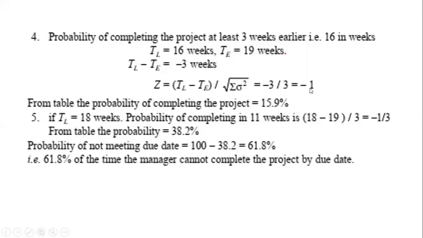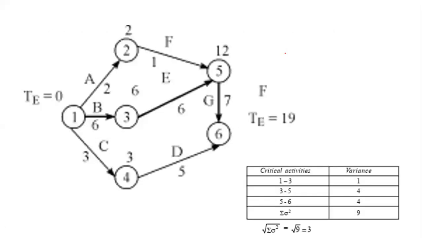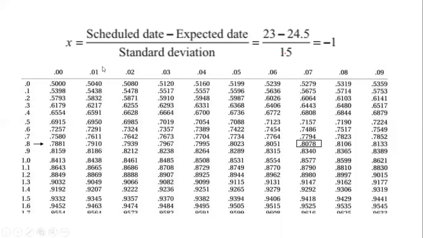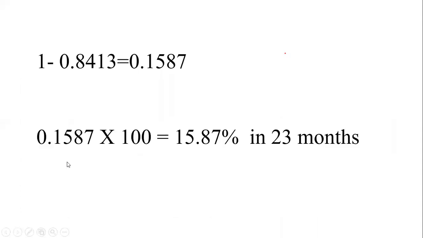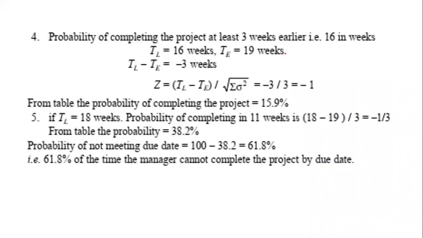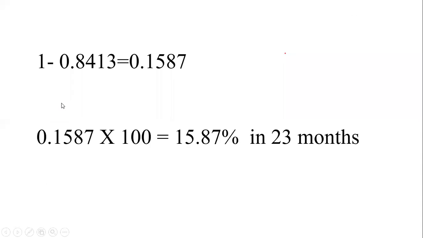Minus 1 means, once this 1 is there, we have to refer to this chart. 1.00, 0.8413. That 0.8413 has a minus sign. If you subtract it, we have already made calculations here in our earlier case.